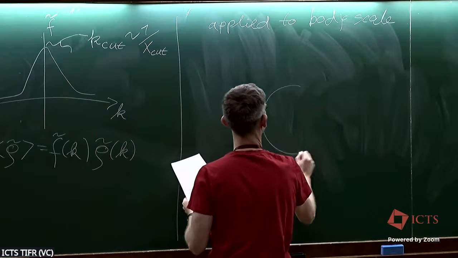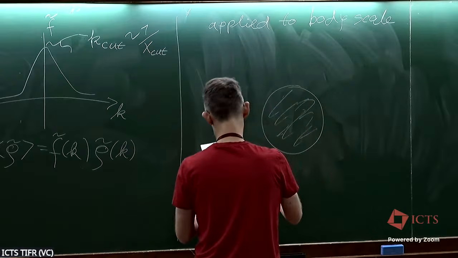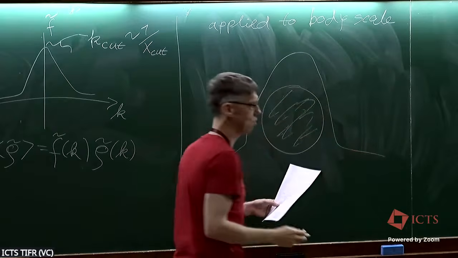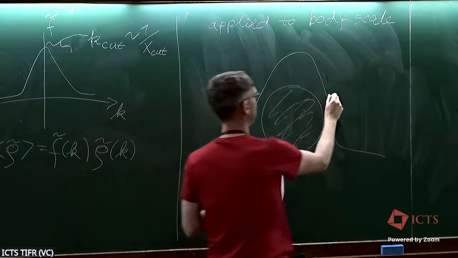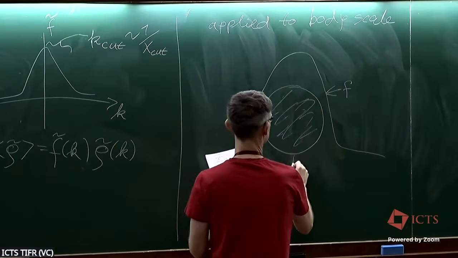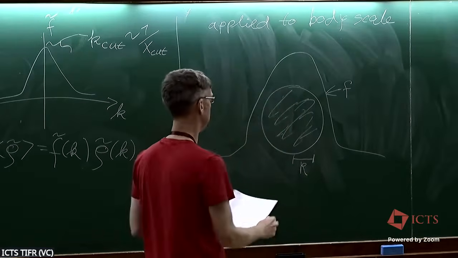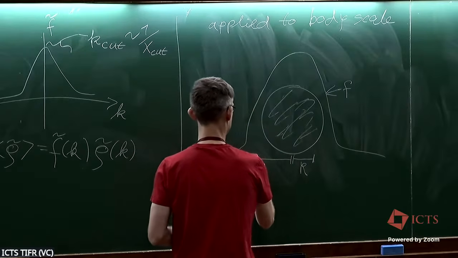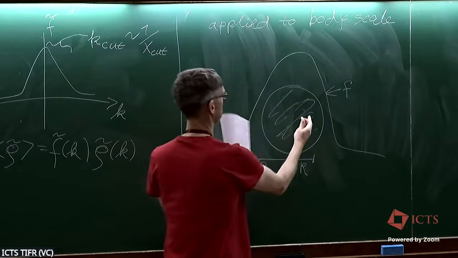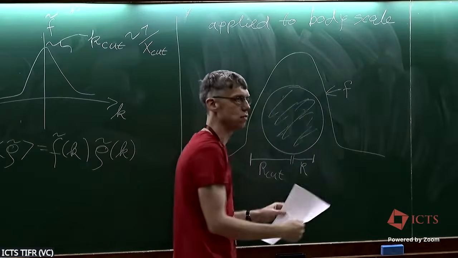So we have, say, our neutron star or black hole. And now we could also think of applying an averaging or filter to it, roughly speaking. And we have the size of the body, and we have the size of the cutoff, so more or less the width of the filter function, which we could also change and tune, of course.